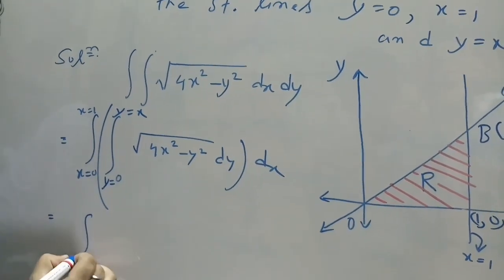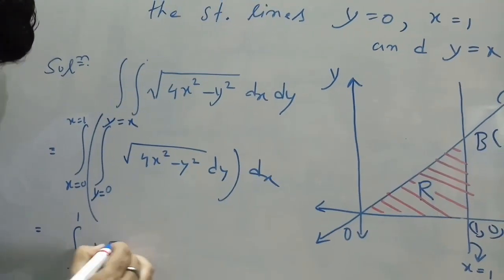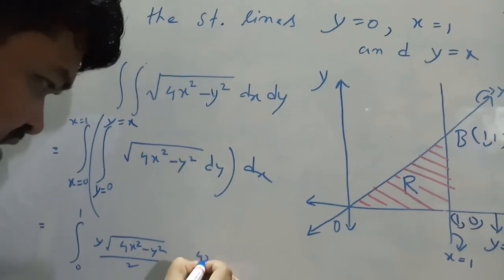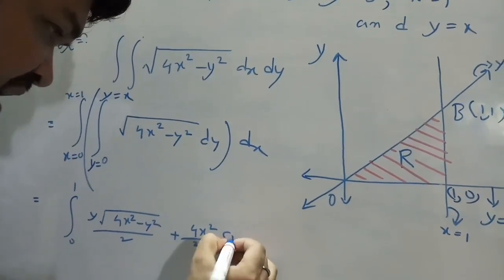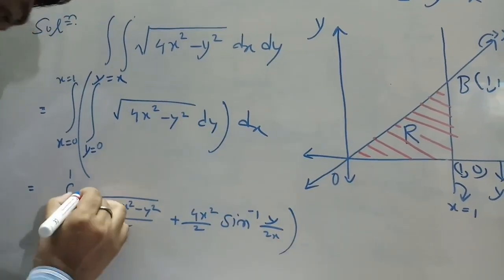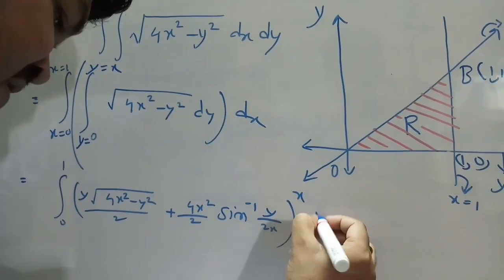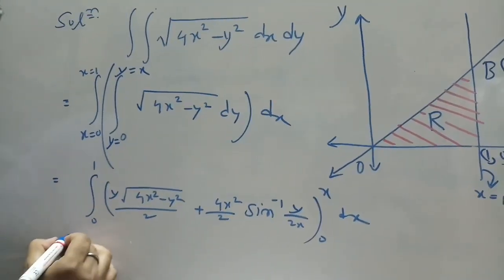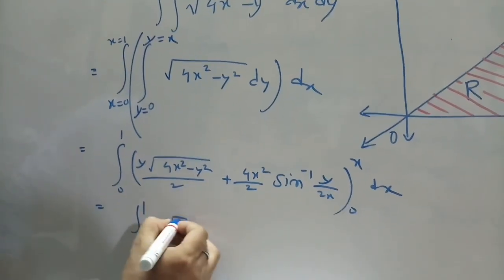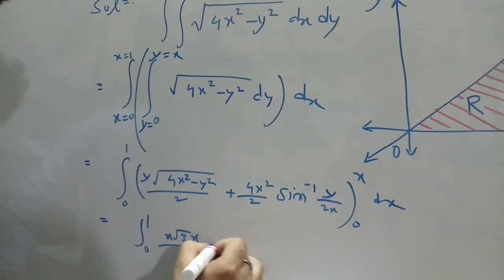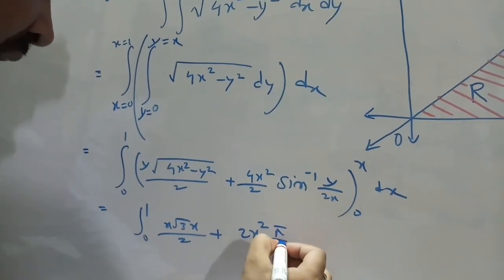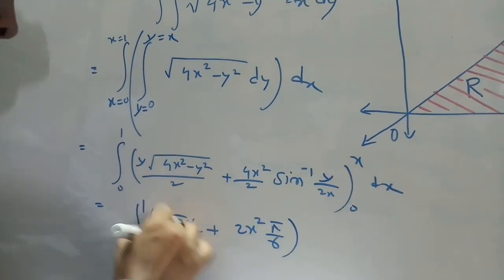This will be the integral from 0 to 1 of y times root of 4x square minus y square by 2 plus 4x square by 2 sin inverse of y by 2x from 0 to x dx, which gives the integral from 0 to 1 of x root 3 by 2 plus 2x square pi by 6 dx.